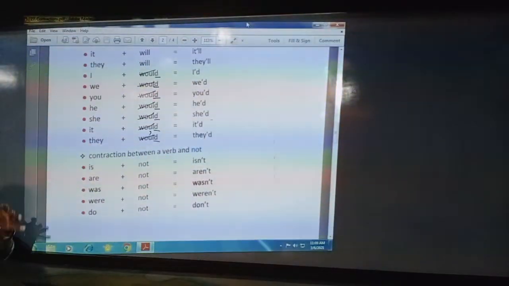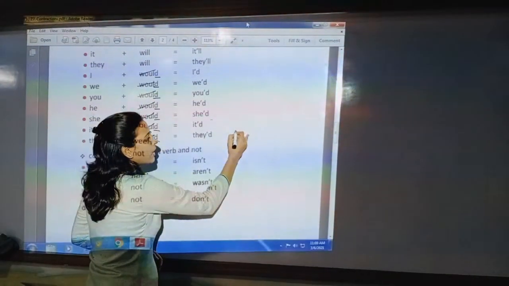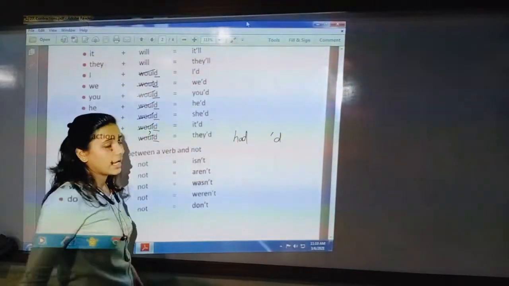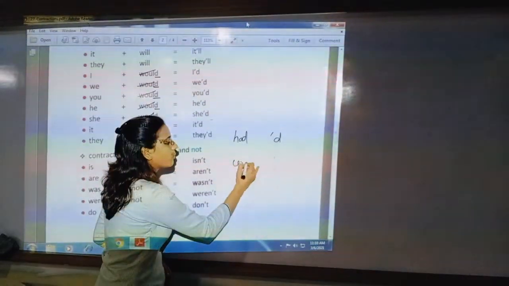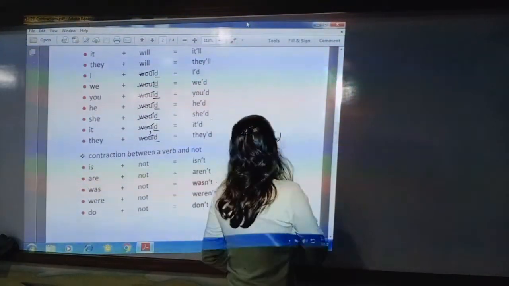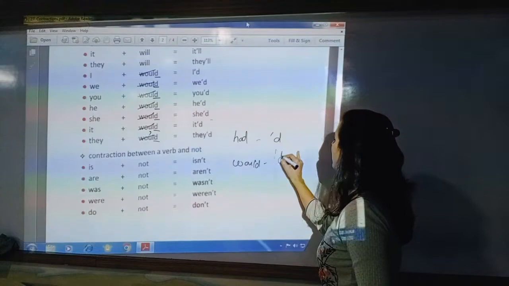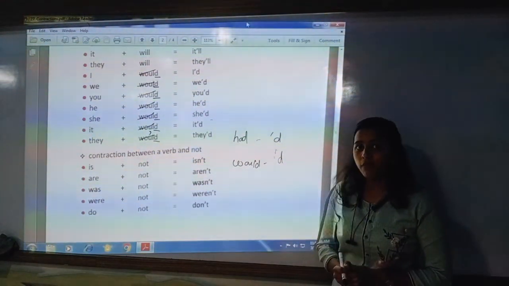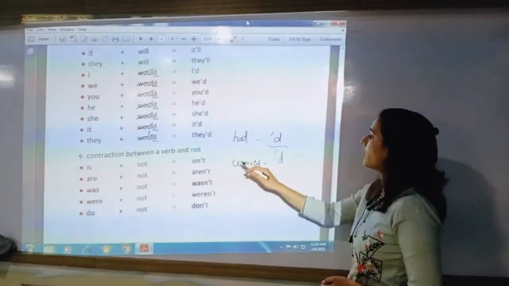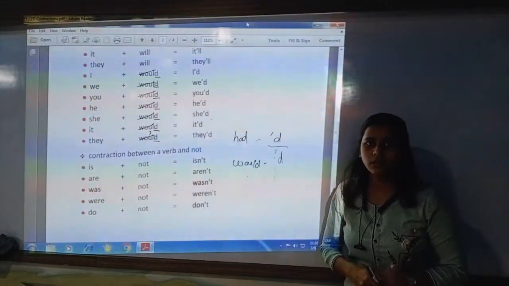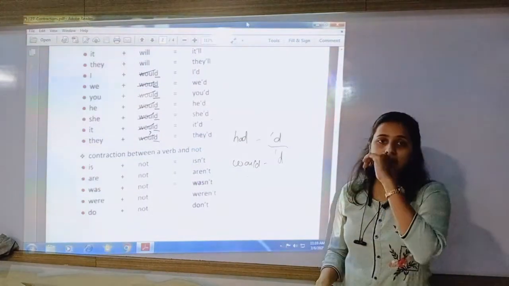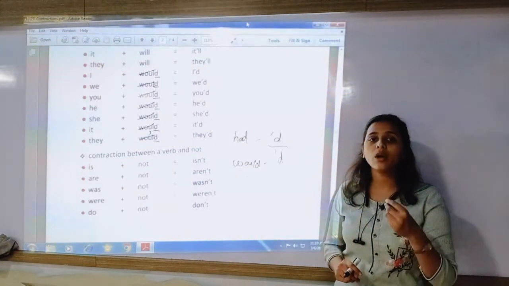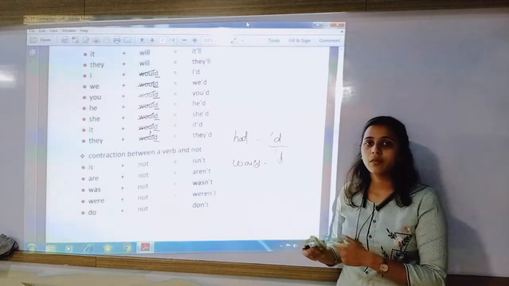Now you might be confused that when we write had, the contraction will be D, and when we write would, again the contraction will be D. So how will you identify whether this contraction is for had or for would? For that you need to understand the grammar or tense behind this.